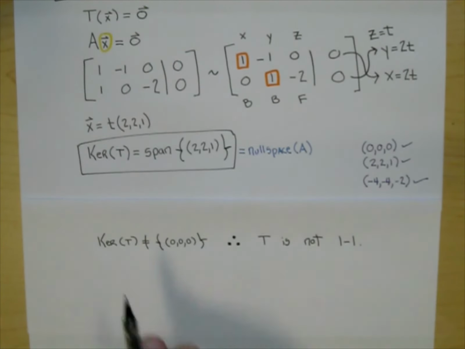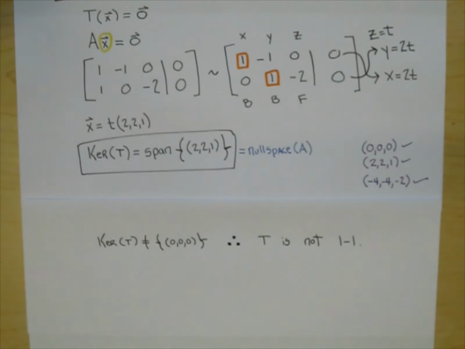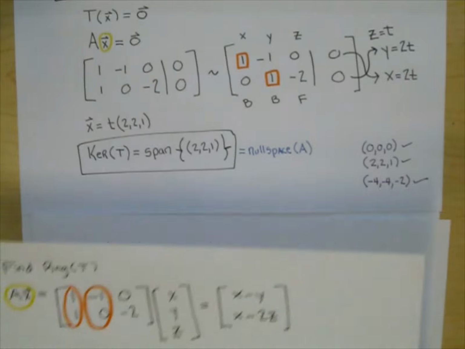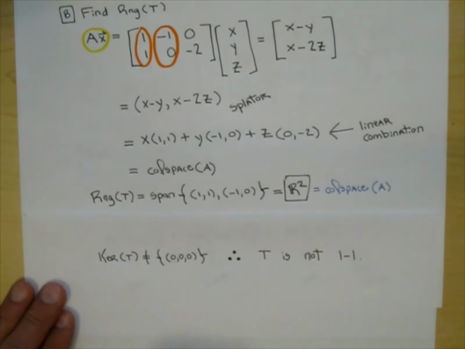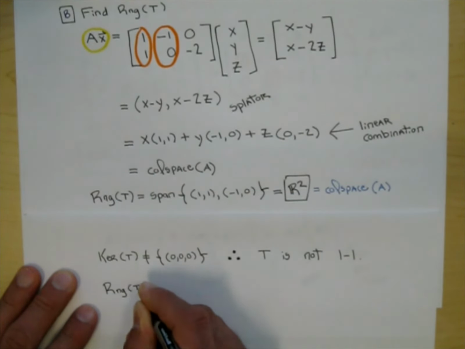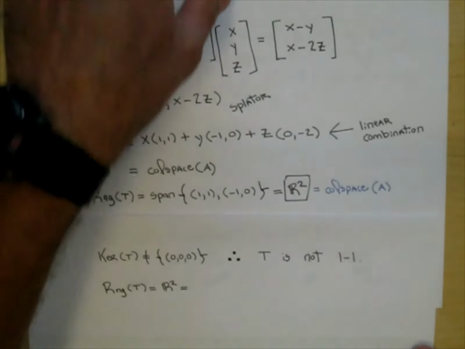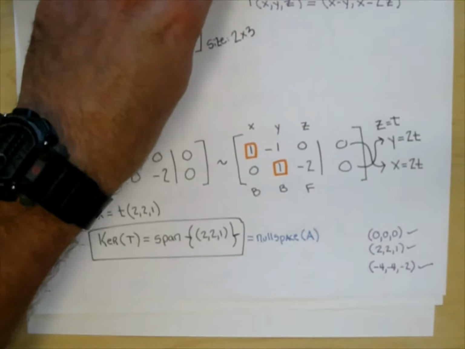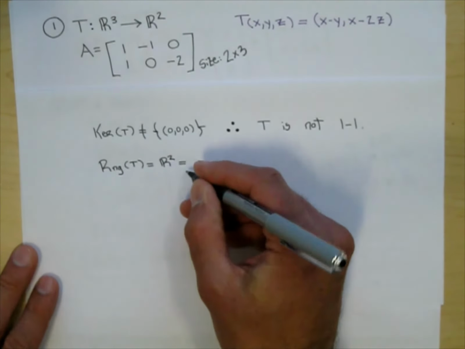So we look at the kernel to see if a linear transformation is 1-to-1. To see if a linear transformation is onto, we look at the range. Okay, so notice the range of T, we saw that that equals R2, which if you look back at the original problem here, that right there is our codomain.